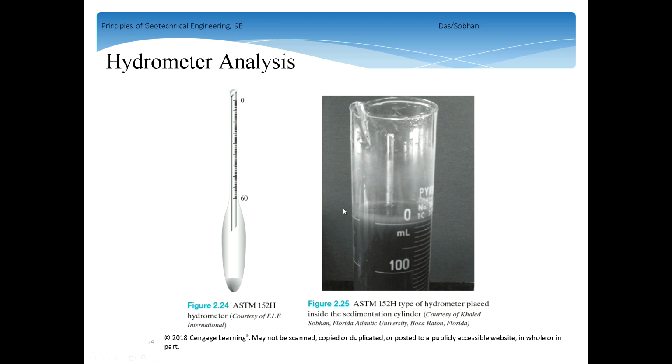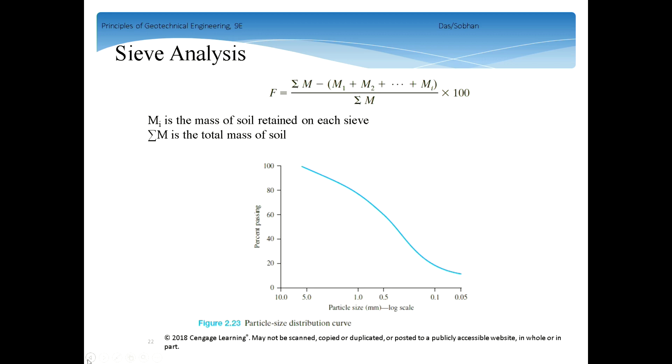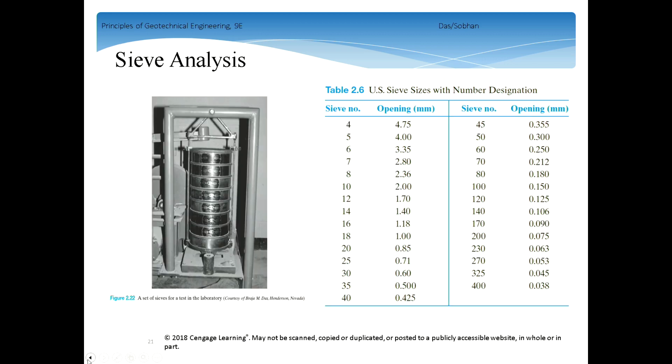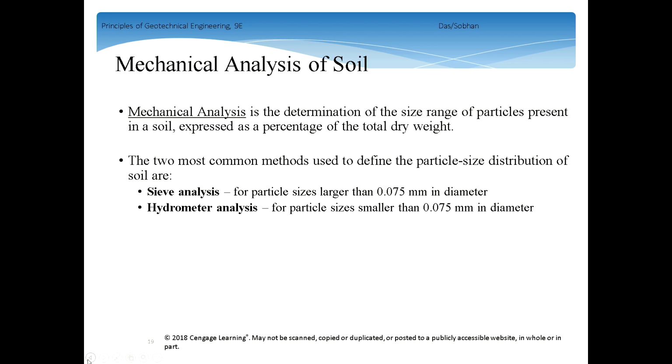So, how to say, a heavy particle will settle to the bottom of the bottle more quickly than the fine, light particles. Based on this, we do the analysis of the particle size less than 0.075 millimeter. This is hydrometer analysis.